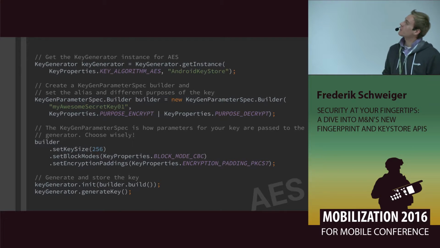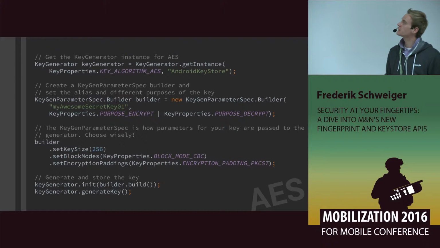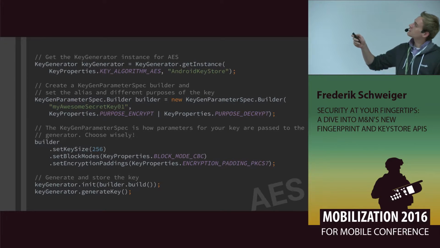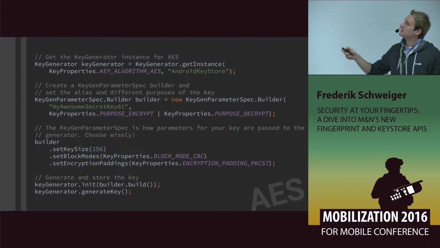After that, you initialize the KeyGenParameterSpec builder, which is there to build the properties for the key which is going to be created. And there you just define the name of the key, like in the shared preferences, and the purposes of the key, like if you want to encrypt or decrypt stuff.